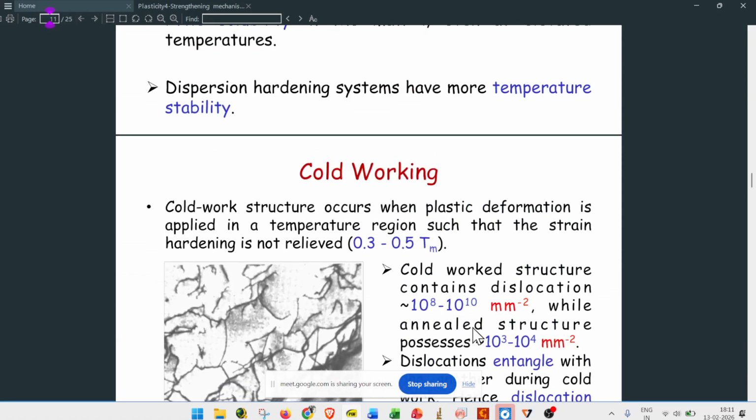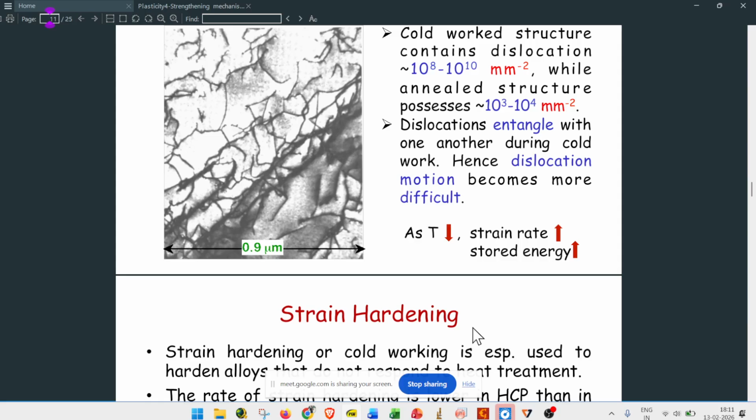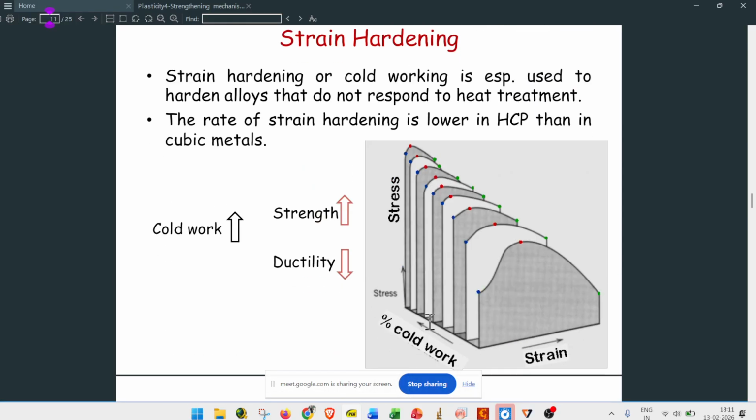If you do heat treatment, recrystallization happens, and the benefits we got from cold working are reduced. And strain hardening: we apply a certain amount of force until it reaches the maximum strain point, then we cool it down and do the heat treatment.